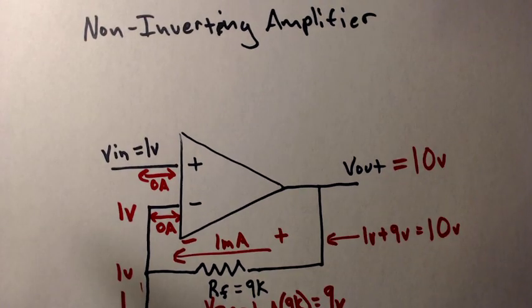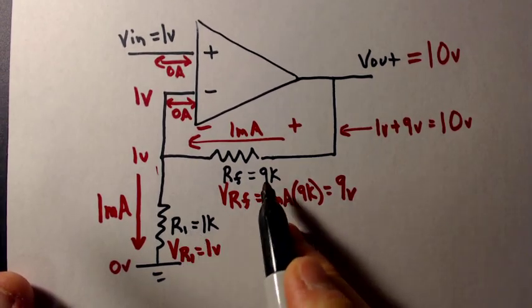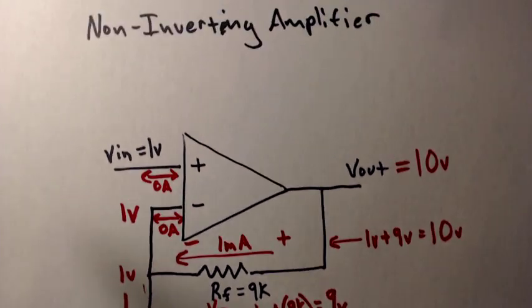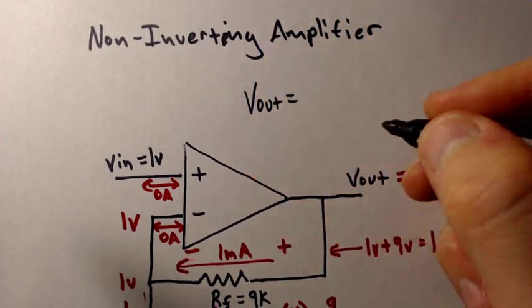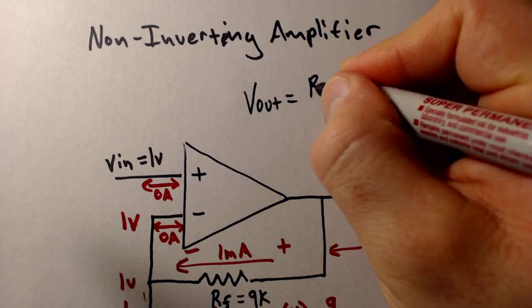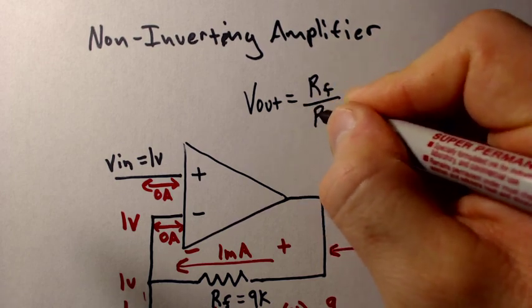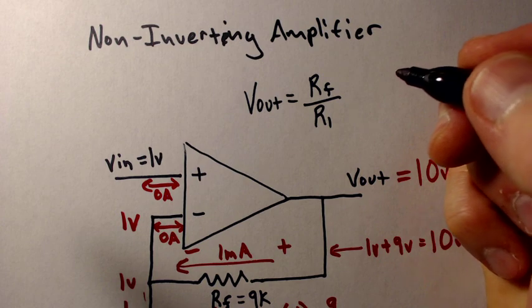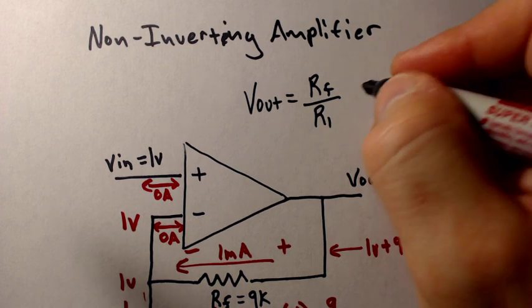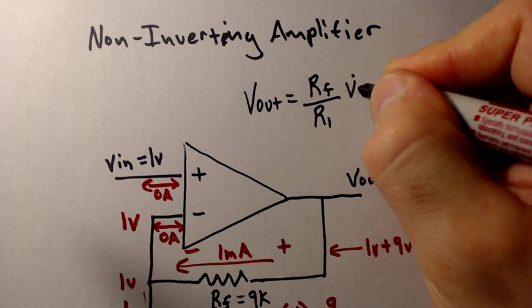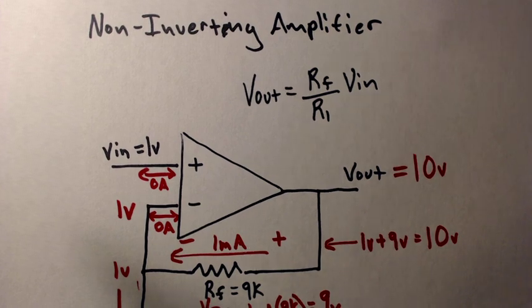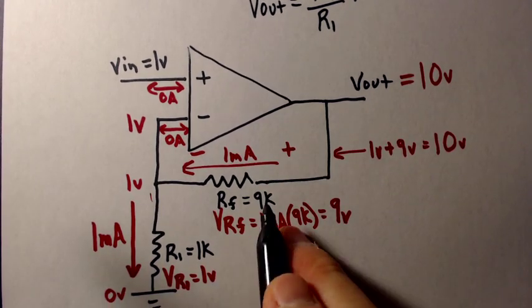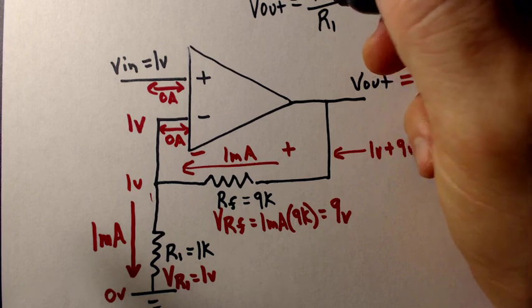And if we want to know the equation that uses these feedback resistors, V out is equal to RF divided by R1 times V in, plus 1.